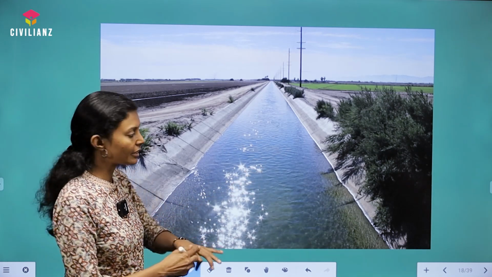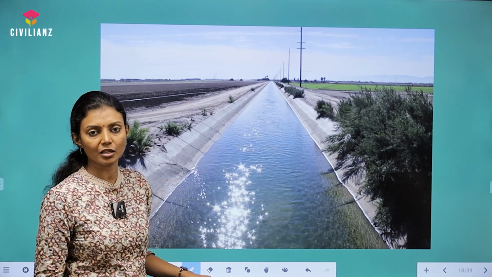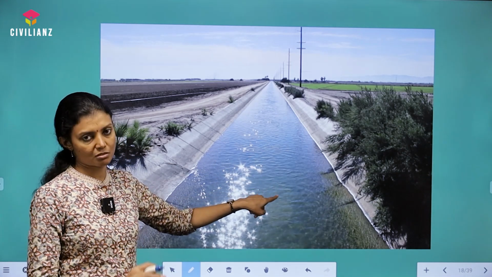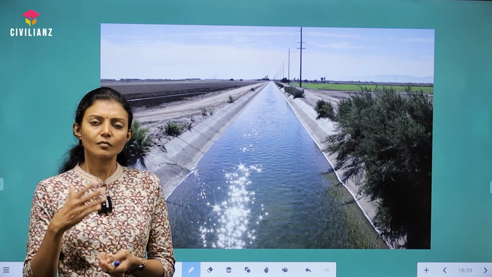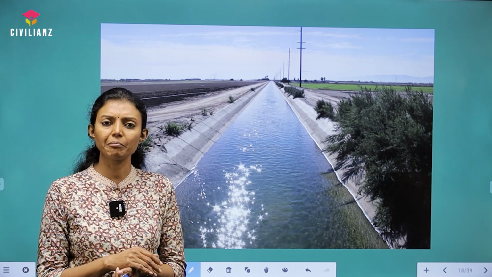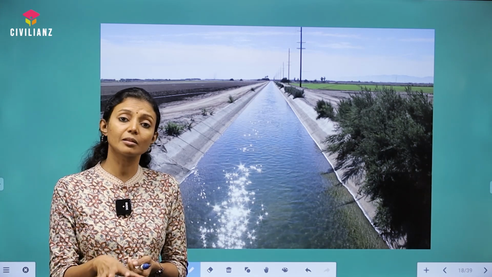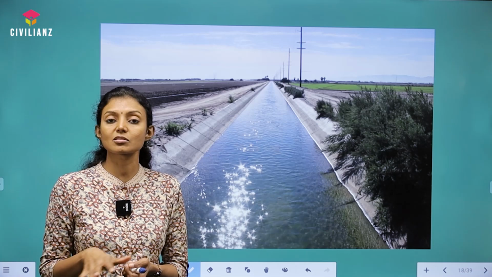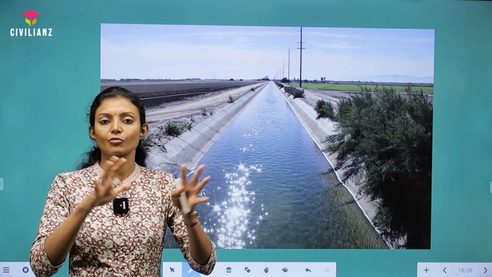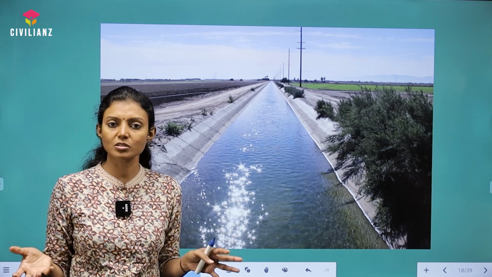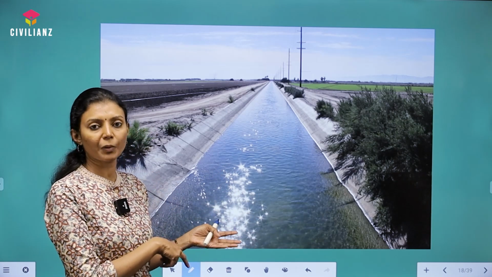So the total area which can be irrigated by this canal system is known as gross commanded area. For example, the gross commanded area may be 1000 hectares. It doesn't mean that 1000 hectares of agricultural field are there. No, for a total area of 1000 hectares, this canal can supply water.